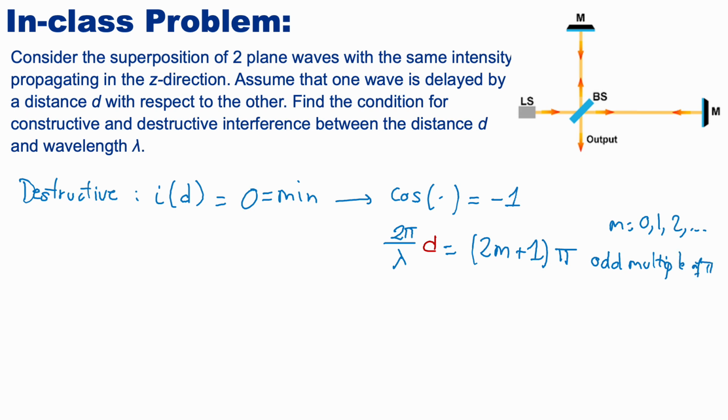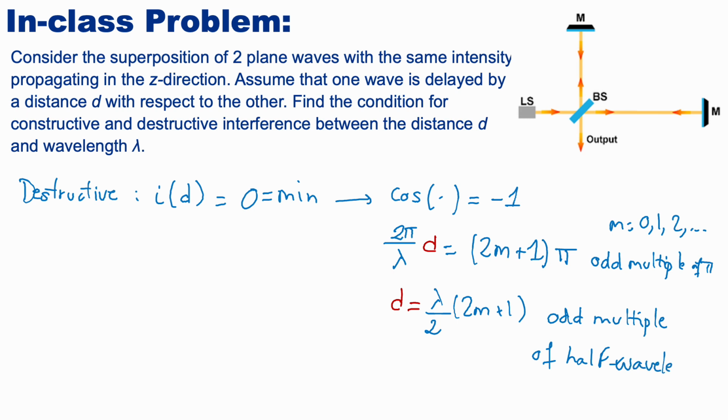So if we write this condition in terms of the delay between our interfering waves, then we know that the delay is going to be an odd multiple of half the wavelength. So this needs to be an odd multiple of the half wavelength.